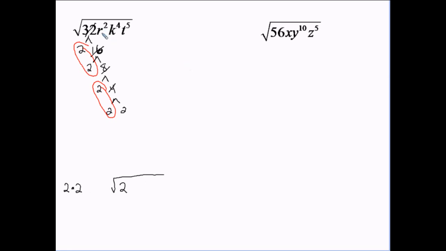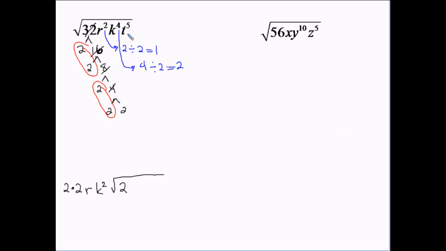R squared goes evenly, and there's 1, so 1r. K to the 4th goes evenly, so there's 2 k's.